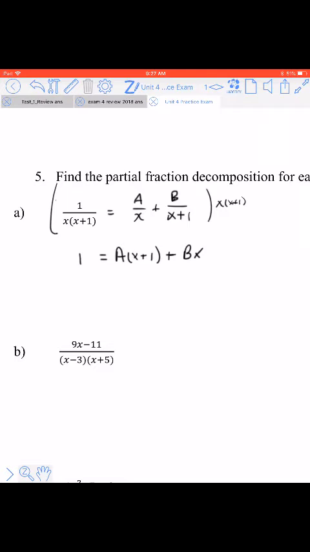So now we need to solve for a and b. Remember, at this stage, you choose what I like to call convenient values, because it doesn't matter what x equals. We're not solving for x, we're solving for a and b. So for example, if I let x equal 0, and I plug that in right there, 0 times b is 0, so the b would disappear, allowing me to solve for a.